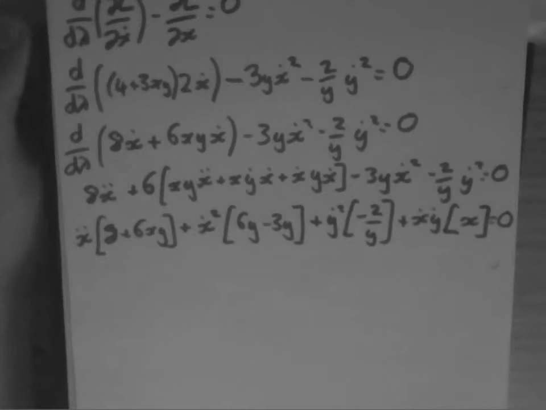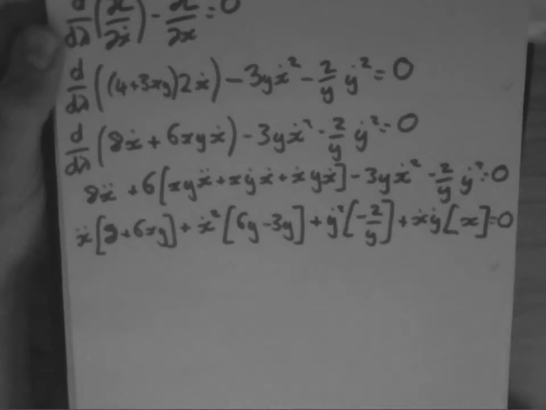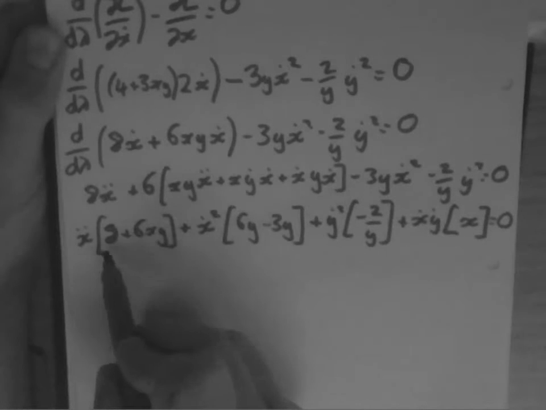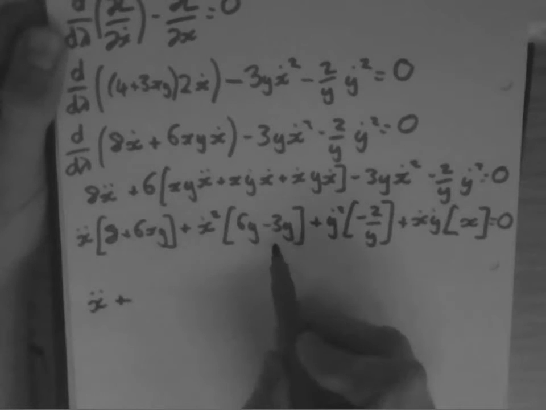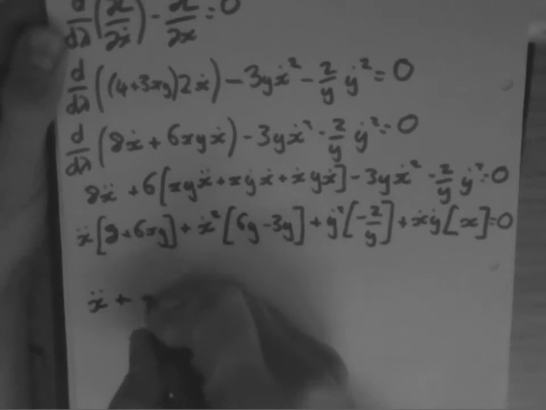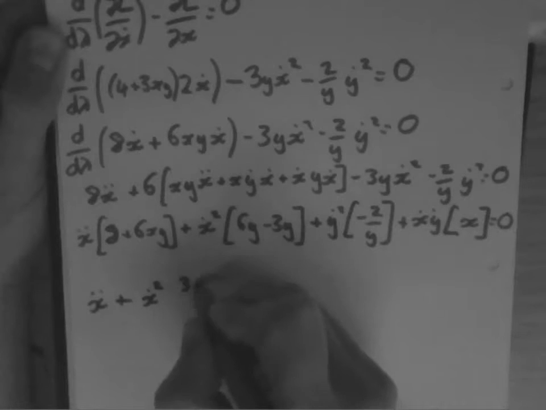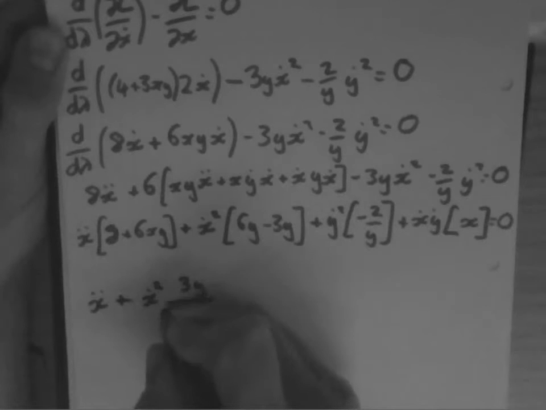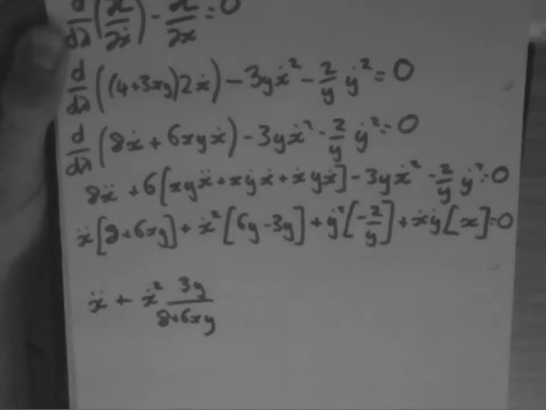Perfect. Now to get this into the form of the geodesic equation, we need to have an x double dot plus something equals 0. Okay, and so we therefore need to divide through by 8 plus 6xy. We give x double dot plus, now 6y minus 3y is 3y, so we're going to have an x dot squared term here, times 3y divided by 8 plus 6xy.